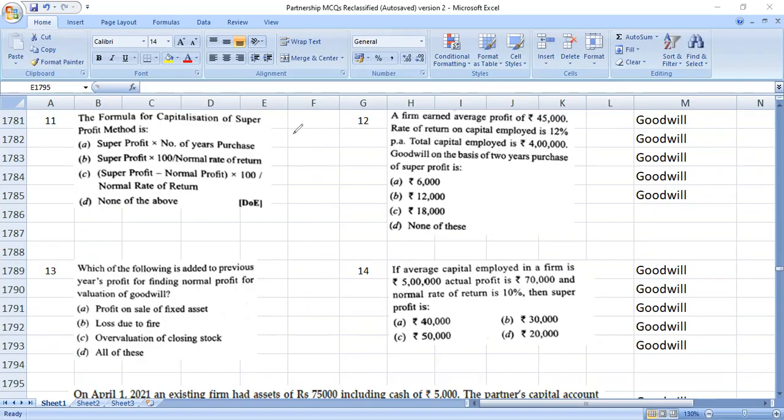So 4 lakh at 12% is 48,000. Now the firm is earning 45,000. There is no super profit in the firm, so none of these is the answer.